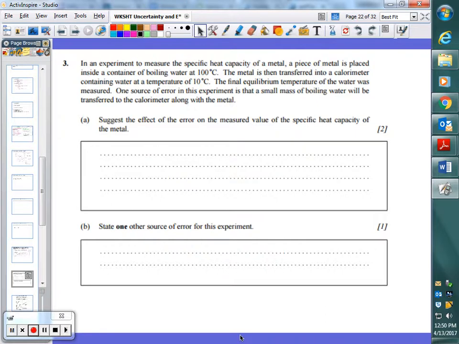So, Fuad, in order to get the specific heat of the metal, you actually have to do 2 calculations, right? What do you have to do first? Not the specific heat of the water. What do you have to do first? What's the first calculation that you did, Fuad?